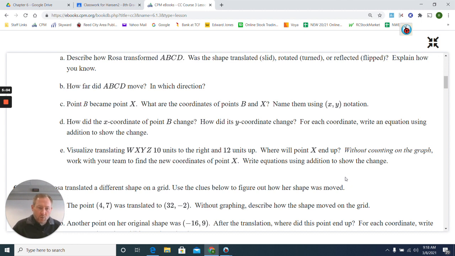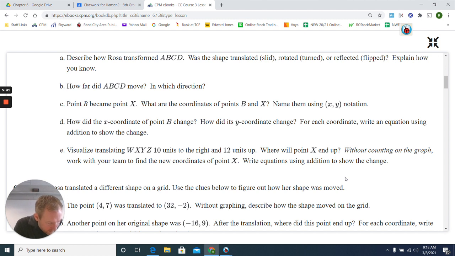All right, so we want to go from WXYZ, moving to this new shape, 10 units right and 12 units up.